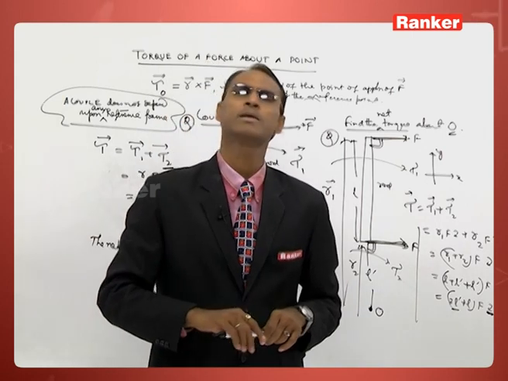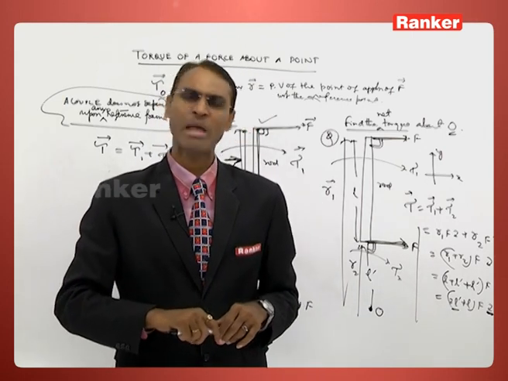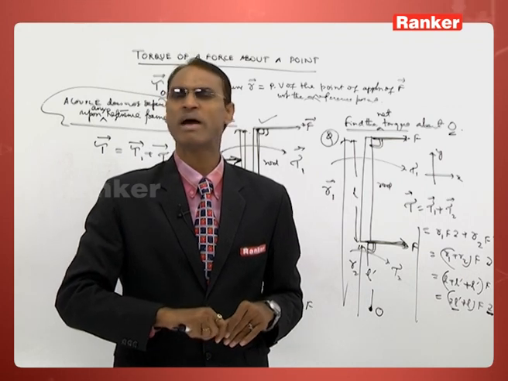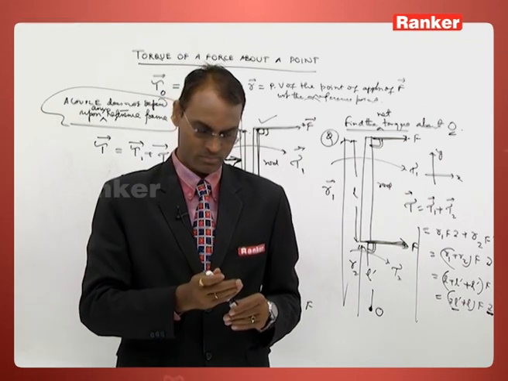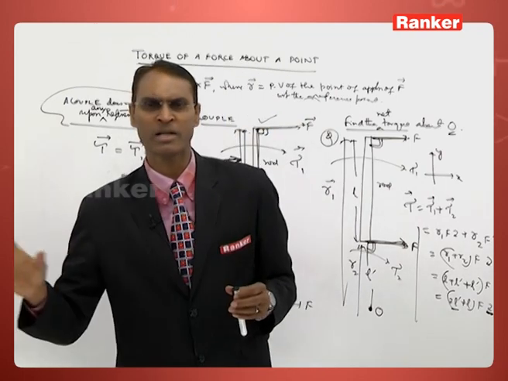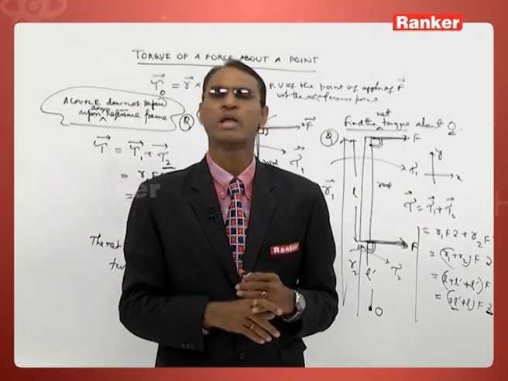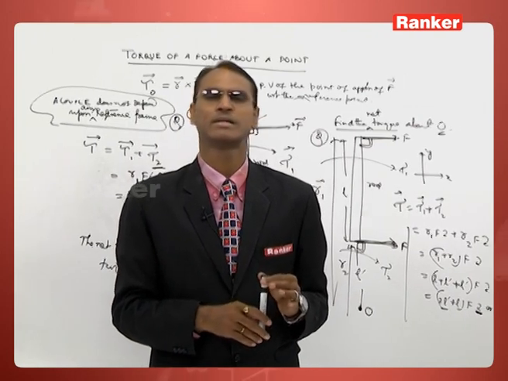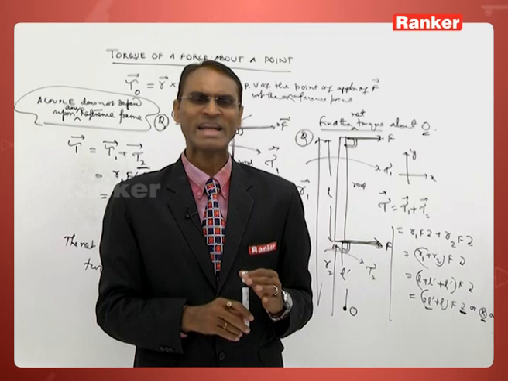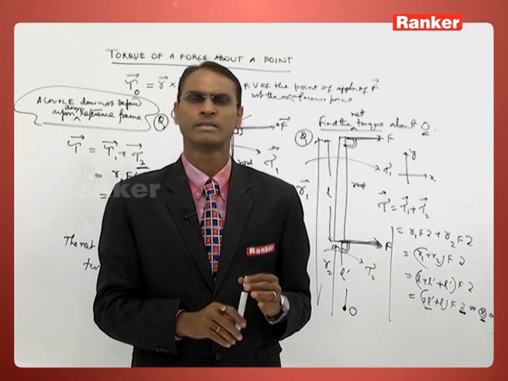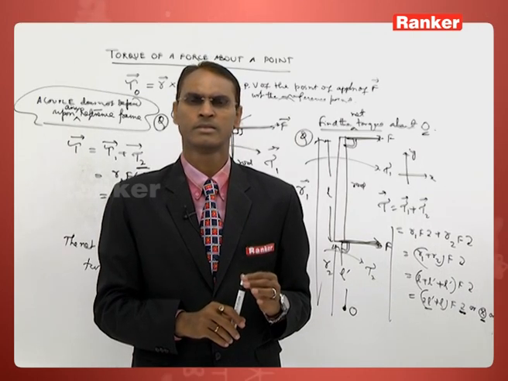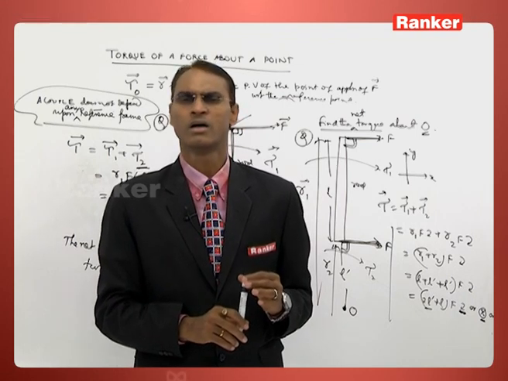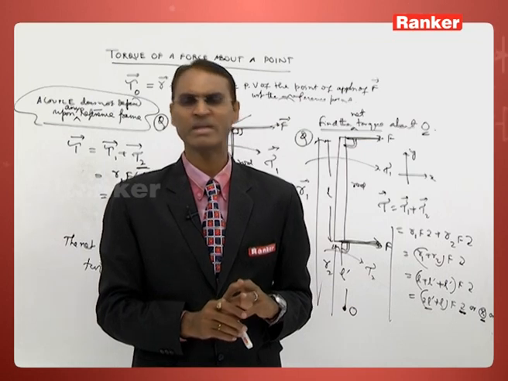In electrostatics, we have the electric dipole. Torque experienced by a dipole does not depend upon any reference point in a uniform electric field. Similarly, in magnetics, torque experienced by a magnet doesn't depend upon the reference point when it is kept in a uniform magnetic field.